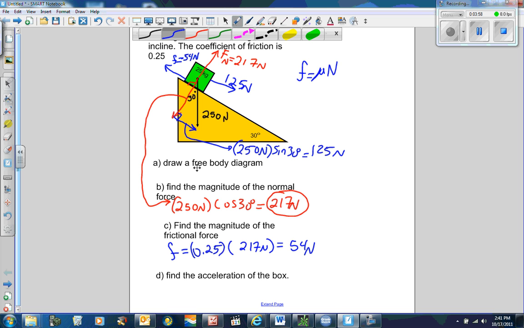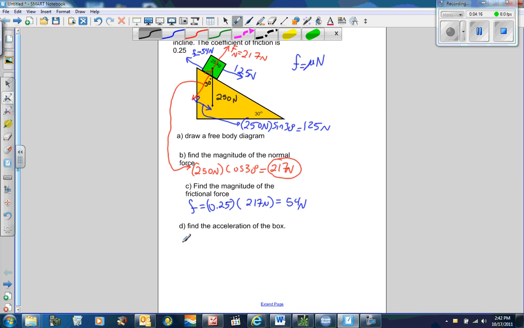Now the next part says find the acceleration of the box. Let me ask you this. In this going back and forth here, 125 newtons is bigger than 54. So what I'm going to do to find the acceleration of the box is I'm going to go down here and say the sum of the forces equals the net force, which equals ma.